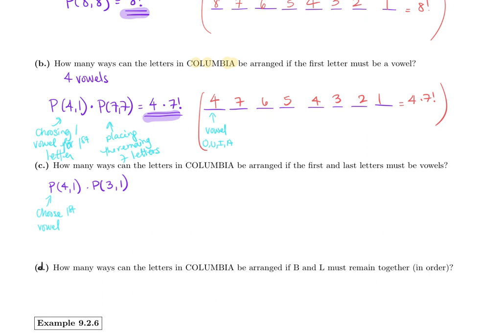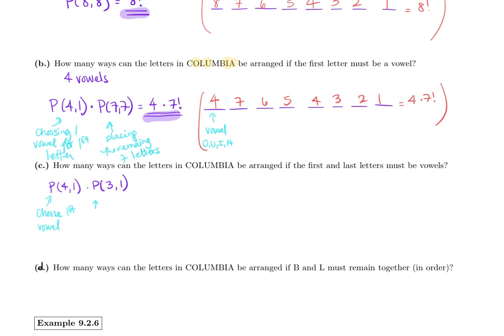So it may seem a little weird that we're choosing the first and last letters before we do everything else, but that's probably the easiest way to explain the method of finding all of these permutations. So here we're going to place everything we know how to place that we're required to place, and then we'll place everything else. That's how our method works.